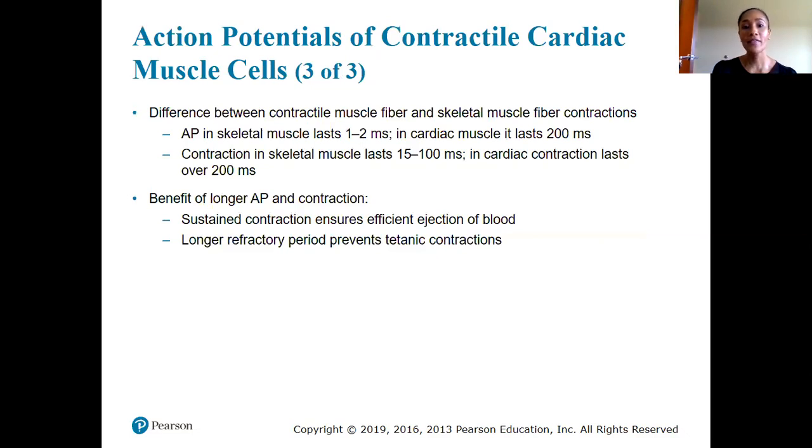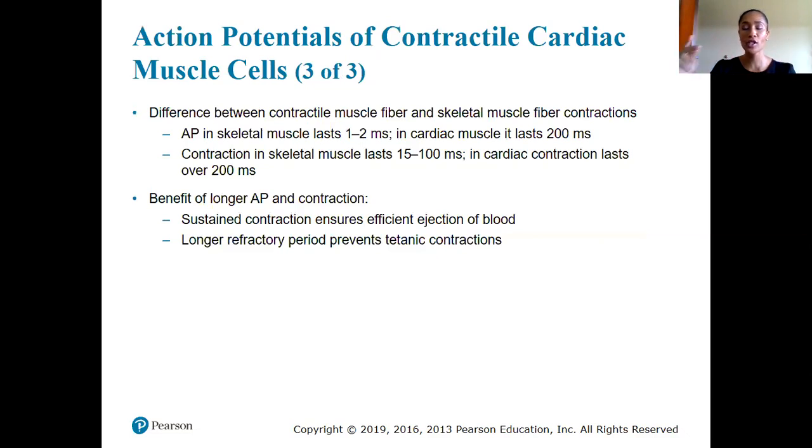And like I said, the benefit of a longer action potential and contraction in cardiac muscle cells is that we have a longer refractory period between contractions, so the heart's not going to be contracting like this, but more so it's going to allow for sustained contraction to ensure proper ejection of blood from the ventricles through the systemic and the pulmonary circuit.